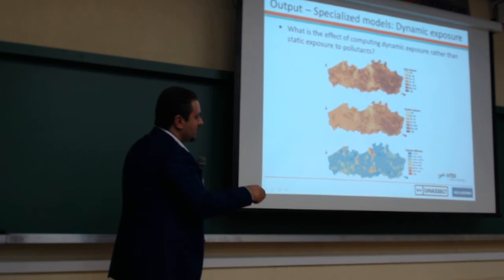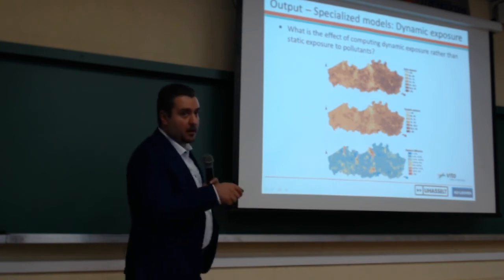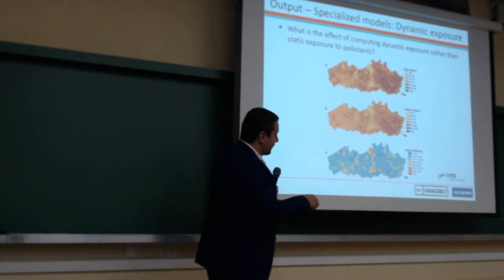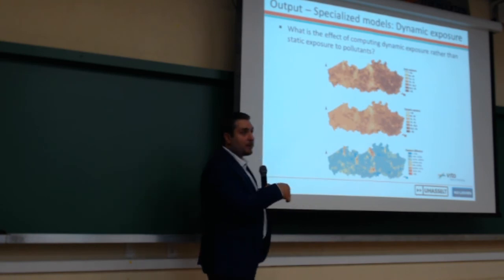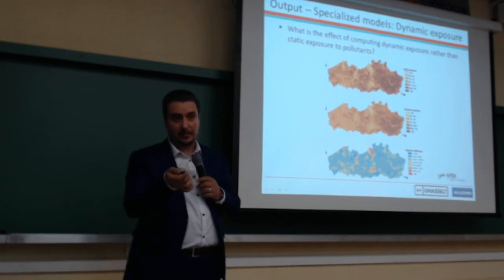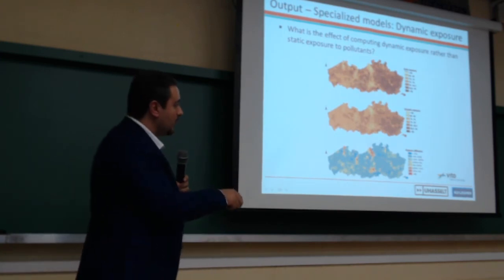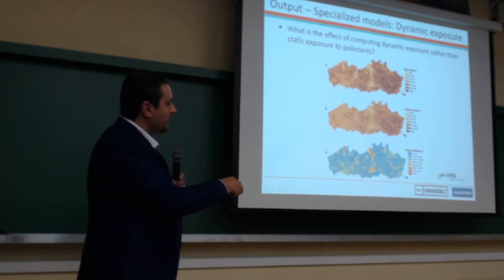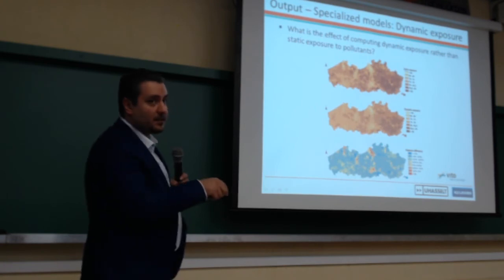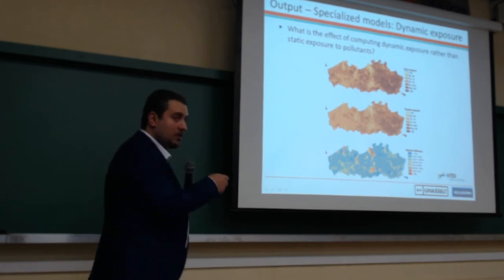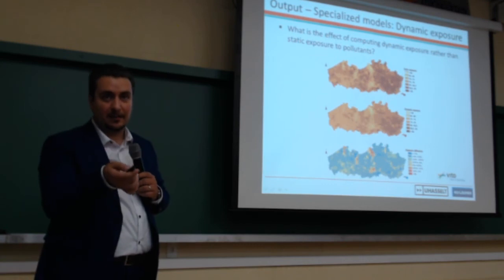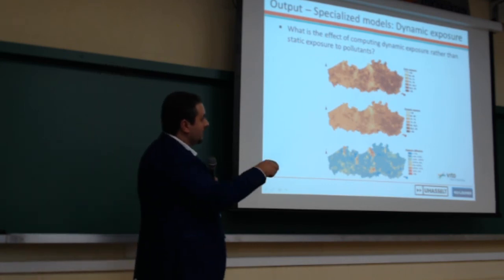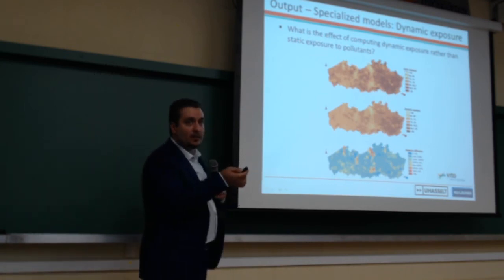In this map, you see the differences. What is important to notice is that in these areas, which represent the biggest cities in Flanders, there will be an underestimation. In big cities, the situation is actually worse in reality, but if we just take the static exposure, this is what we are going to miss.